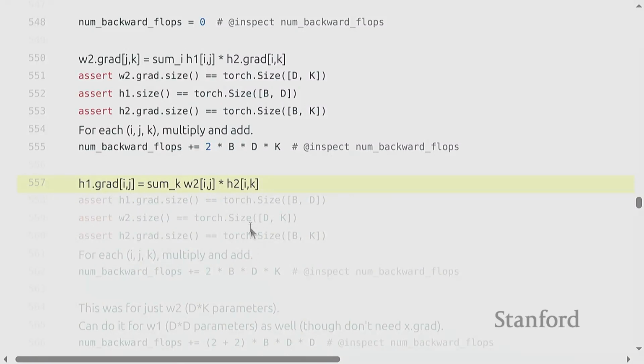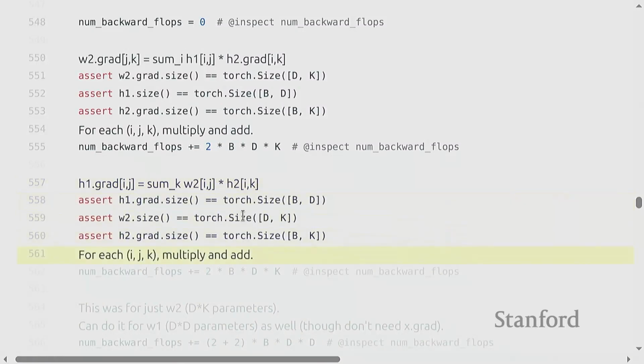That also looks like a matrix multiplication, and it's the same number of flops for computing the gradient of H1.